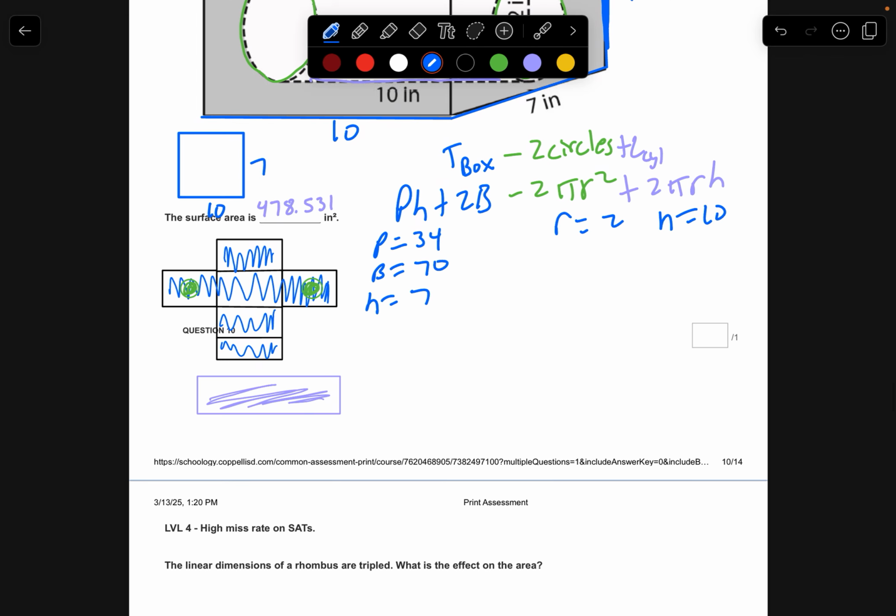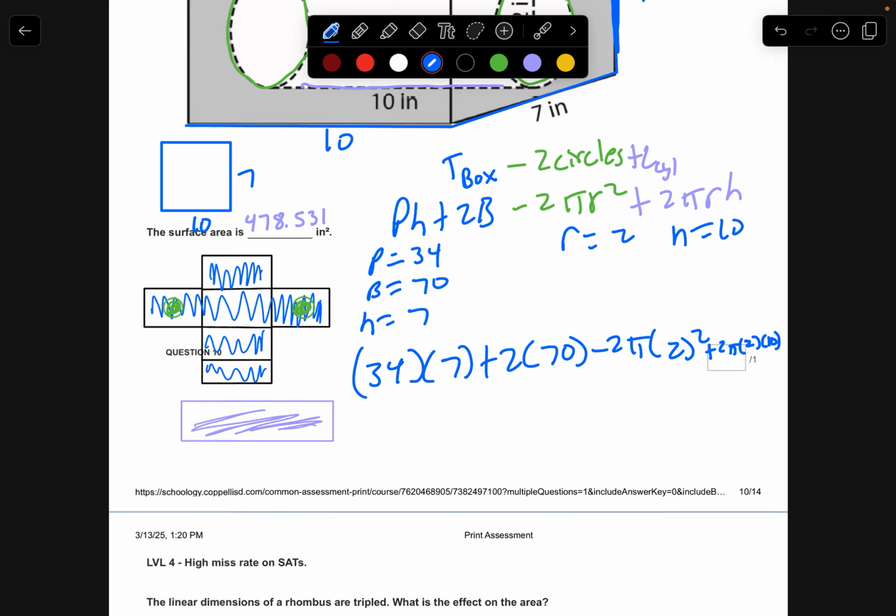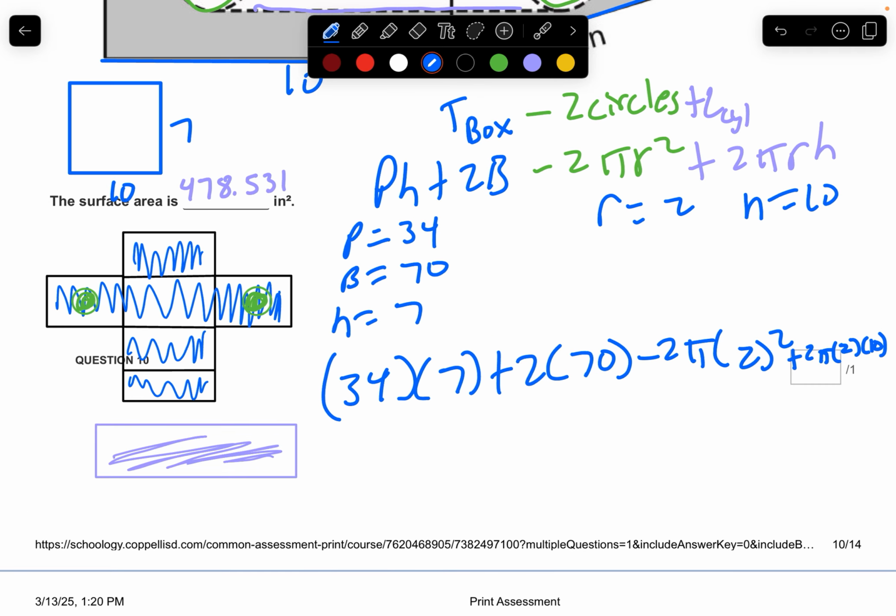All right. So to finish the job, we do pH, 34 times 7, plus 2B, 2 times 70, minus 2 pi times 2 squared, running out of room, plus 2 pi times 2 times 10. And just plugging in those numbers.